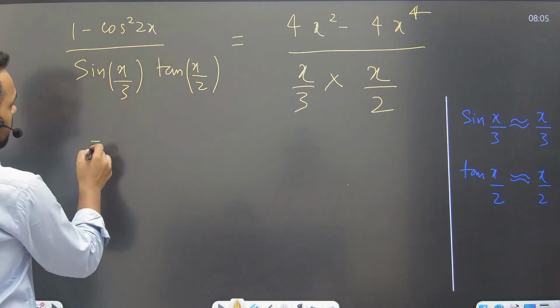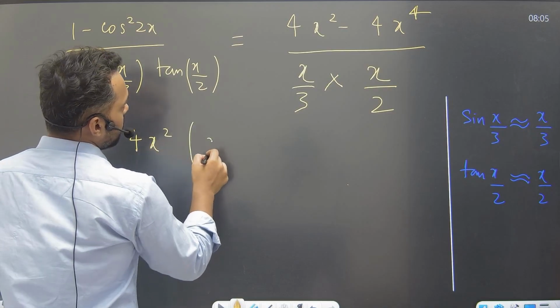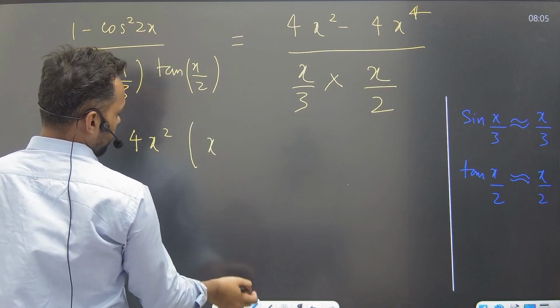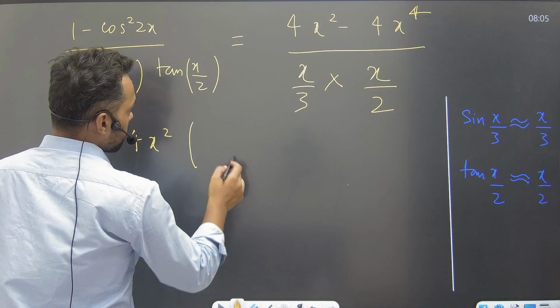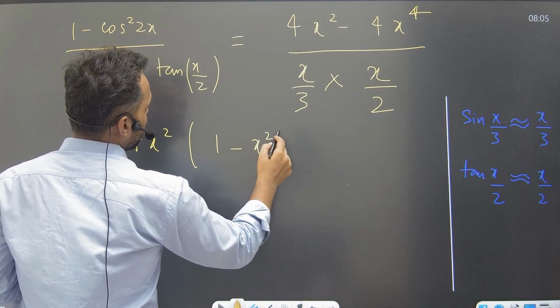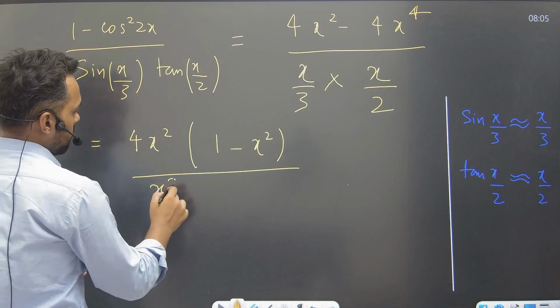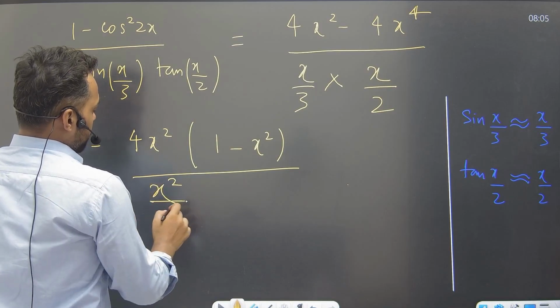Now, after calculating it further, you will get 4x square in the bracket, 1 minus x square, upon x square by 6.